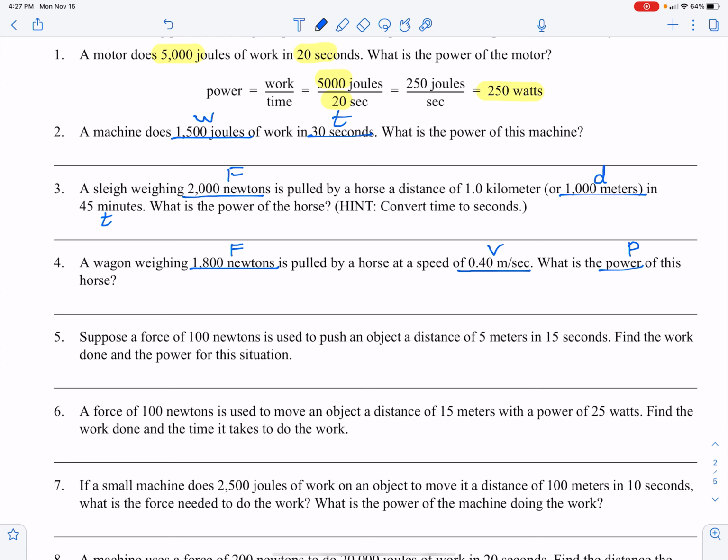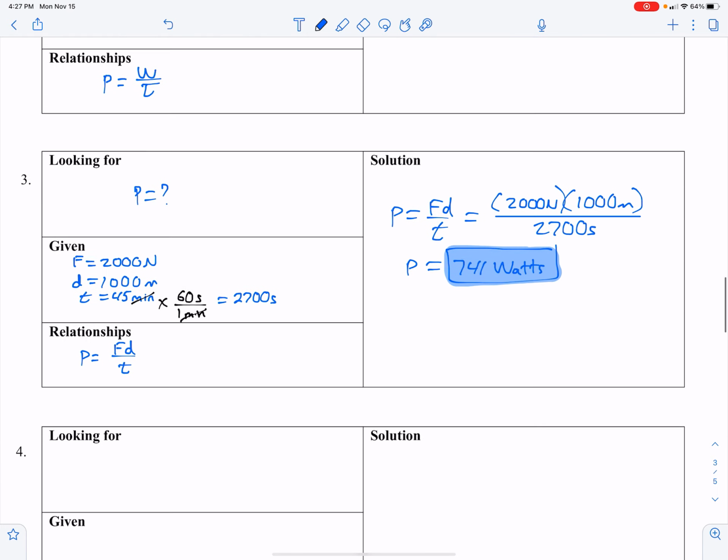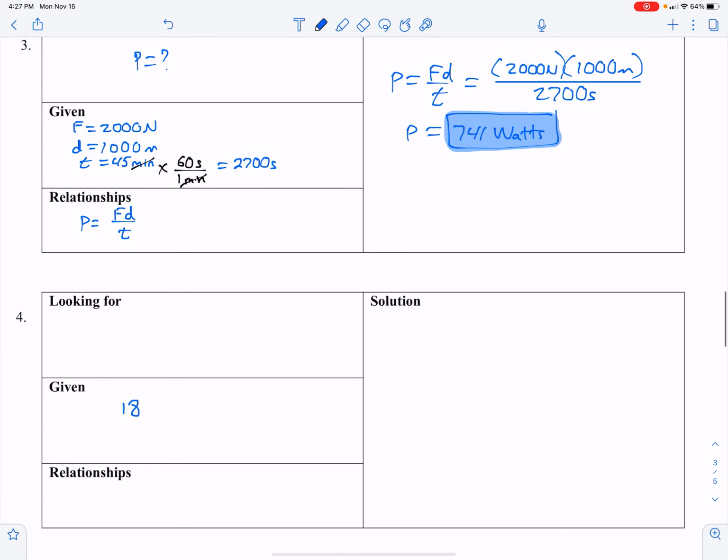What is the power? 1,800 newtons of force. Meters per second, we're given the speed.